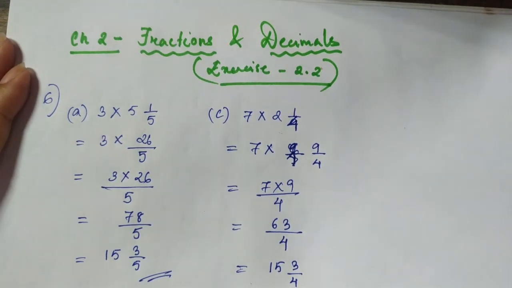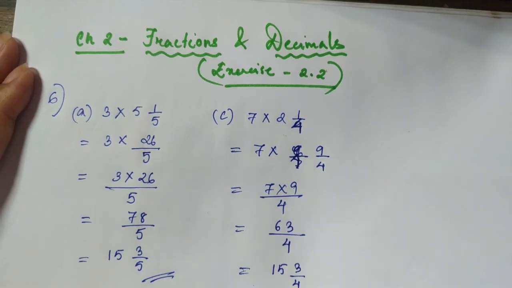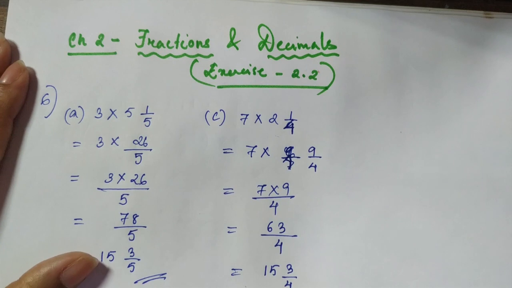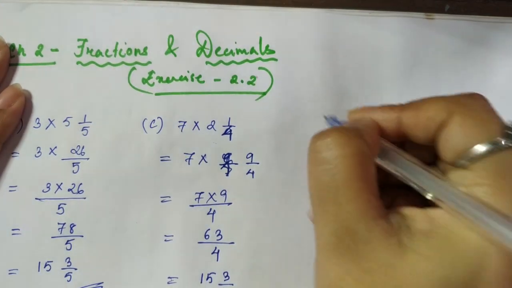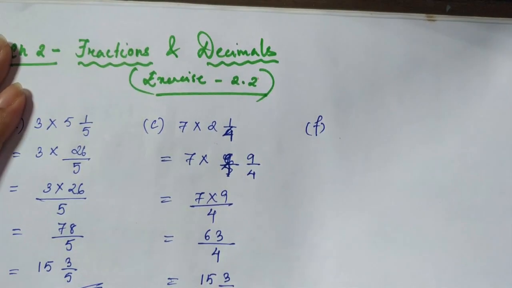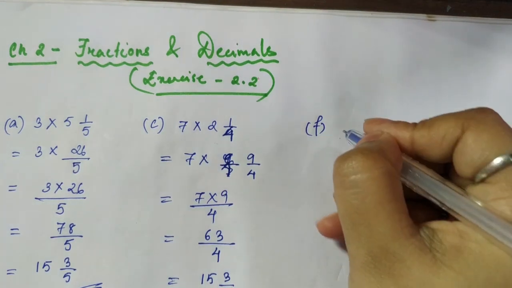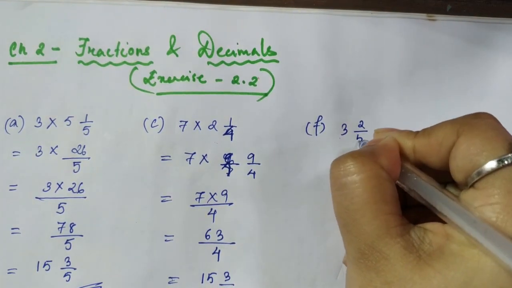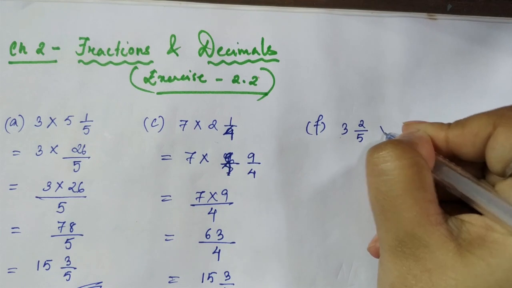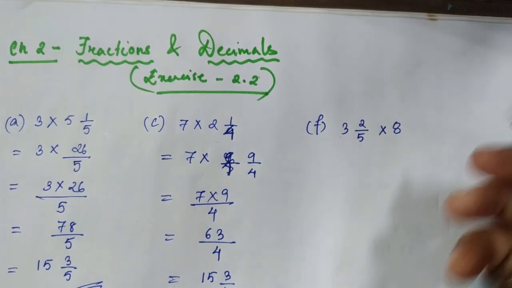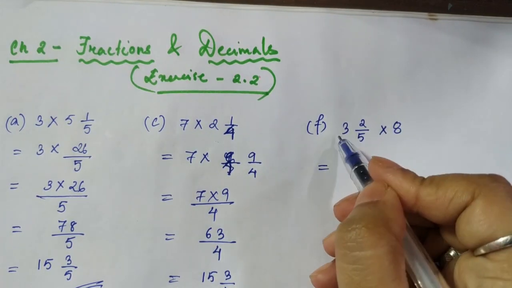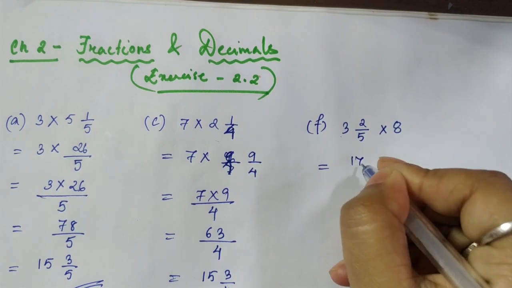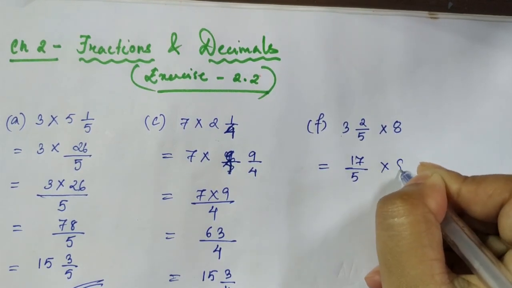Now let us move on to another question of question number 6. I'll be showing you now part F. It is given as 3 2 by 5 multiplied by 8. Now let us convert. 5 3s are 15 plus 2, 17 by 5 into 8.